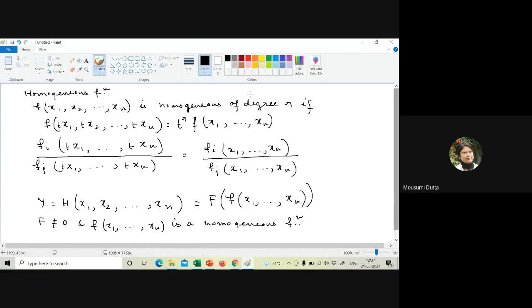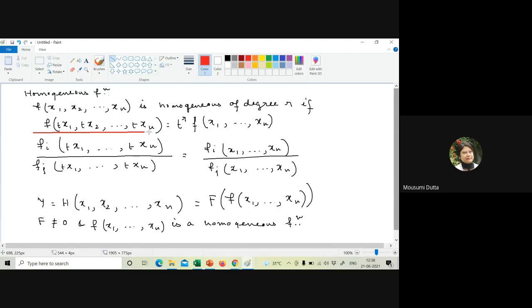Thus, f is homogeneous of degree r if f of (tx1, up to txn) is equal to t to the power r f of (x1, x2 to xn).